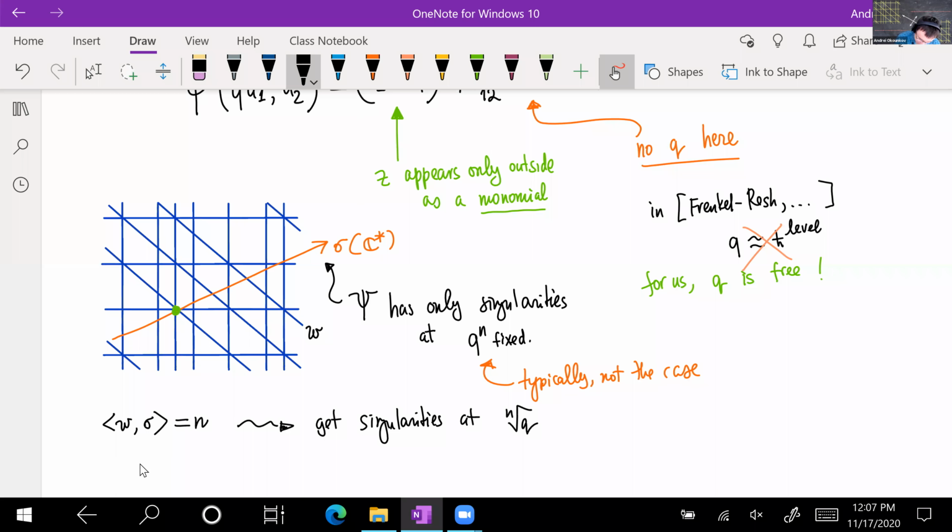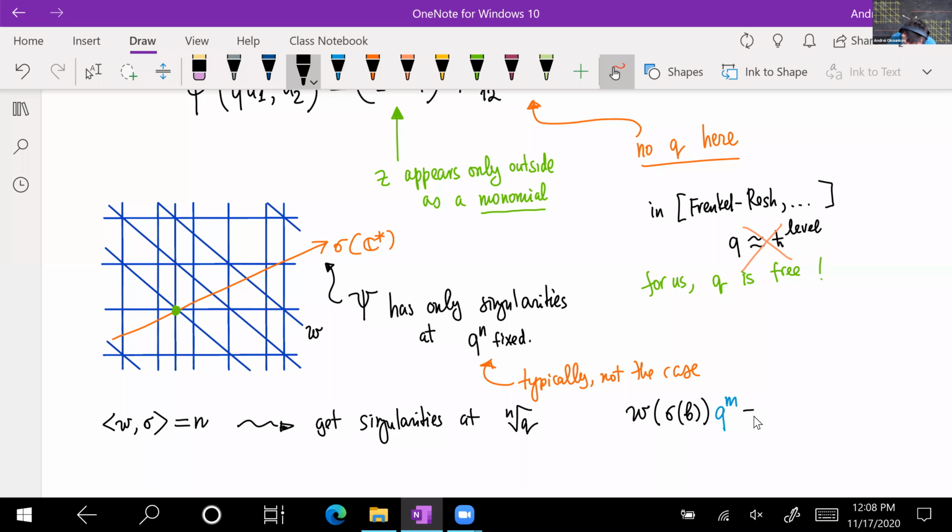I have some sigma, so W of sigma of some variable, let's call it B. This pairing means I get B to the N, and Q to the M. I apologize, I should have thought about this notation.